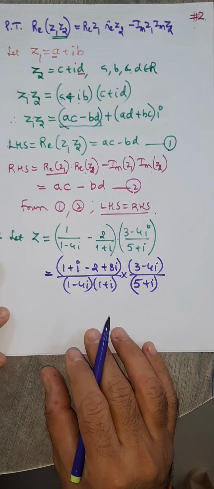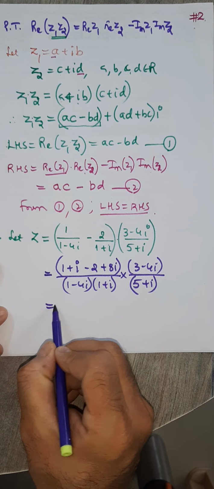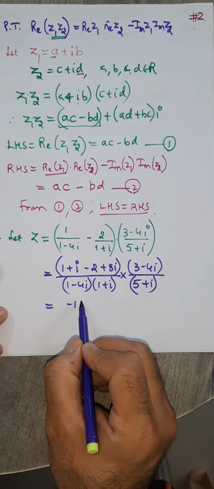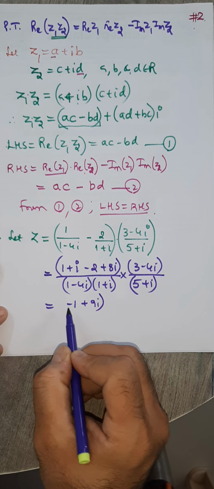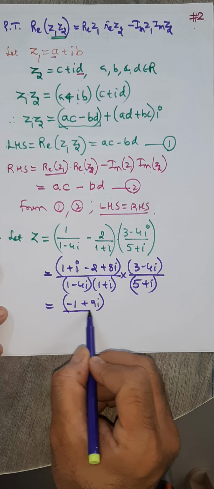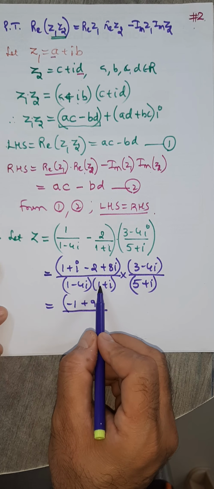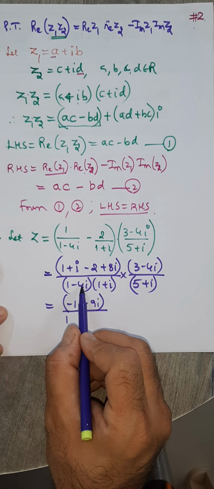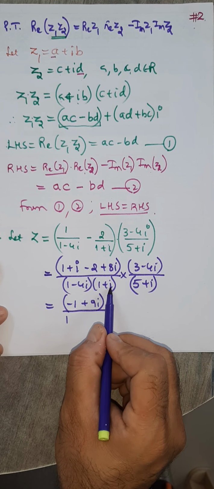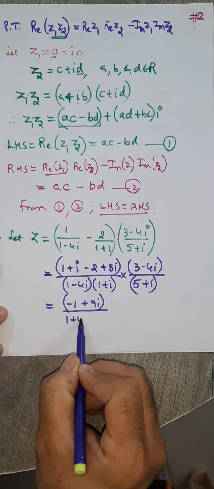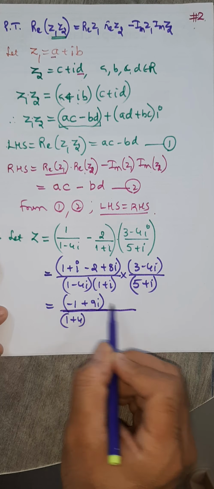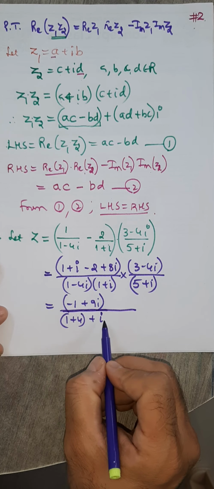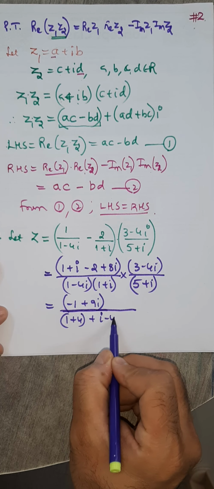So what we'll get here, if you just simplify, 1 minus 2, this is minus 1, plus 9 iota into, I'll open this bracket here, 1 into 1, 1, this multiplied with this, so here 4 iota squared, but iota square is minus 1, so 1 plus 4. Then this with this, which is iota minus 4 iota.